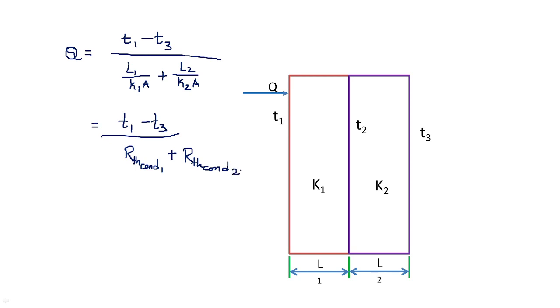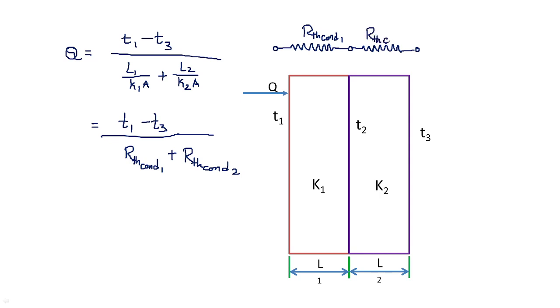Now, we can represent this by using electrical analogy also. How do we represent that? Let us take some electrical resistance diagram in this fashion. So this is RTH conduction 1 resistance.